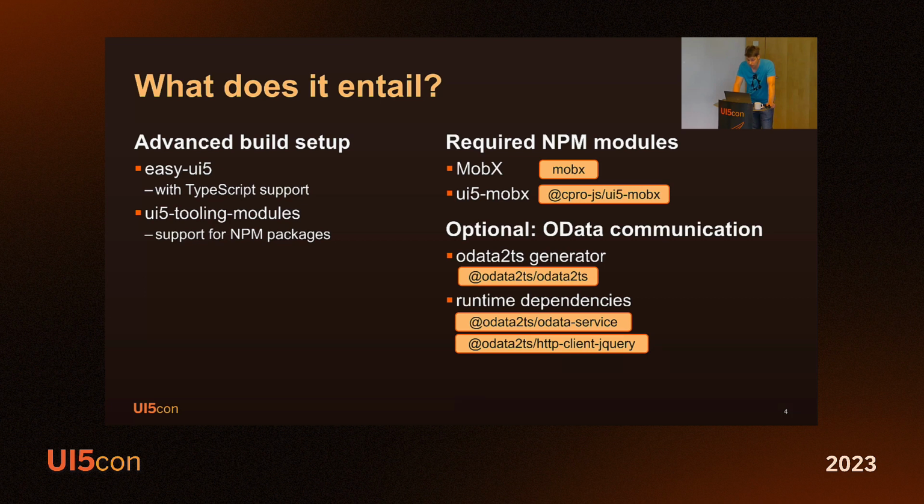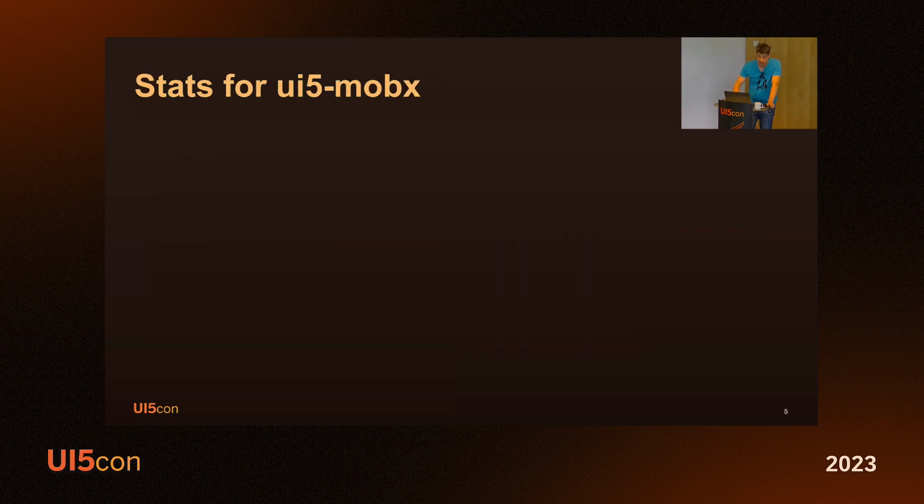And optional, if you want to do the OData communication, you would also install OData 2TS. Because the regular models usually do both things, and these would be the library to go to. I present OData 2TS in a different presentation later on, so I won't get into any details with OData 2TS.